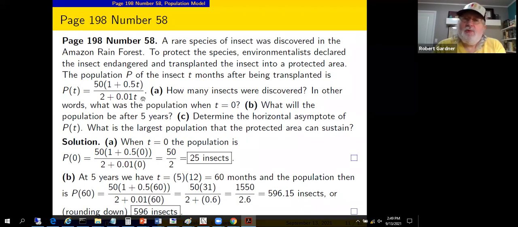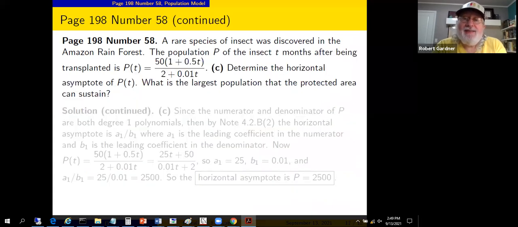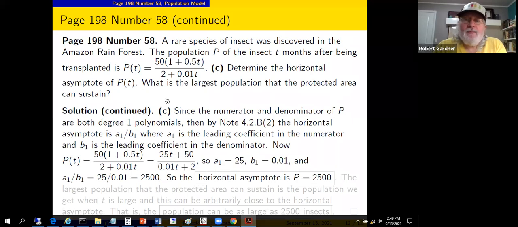When n equals m, in the terminology of that last theorem we saw, that's when you get horizontal asymptotes. So yes, we're going to get a horizontal asymptote. I think that result even told you how to find it. The numerator and denominator of P are both degree 1 polynomials. The degrees are the same, is what matters.